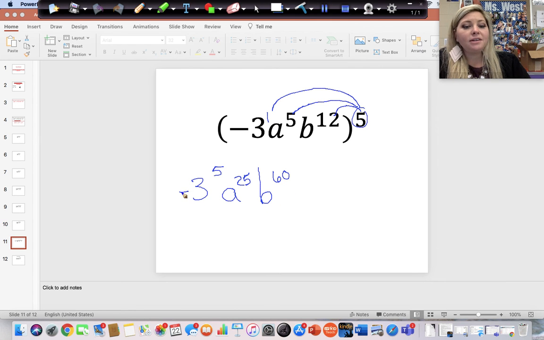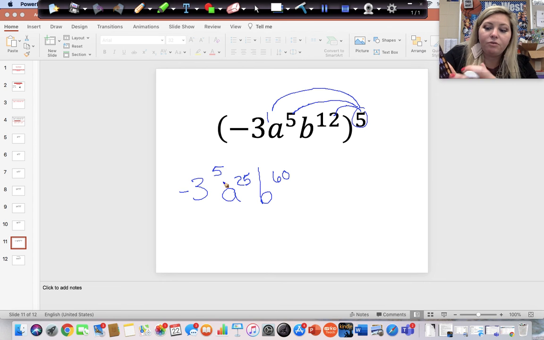And again, if it asked us to simplify this further, you could, because we can figure out using a calculator or without a calculator what -3 to the 5th power is. So again, if we were able to use a calculator, we would just put -3 in our calculator, and put that in there 5 times.